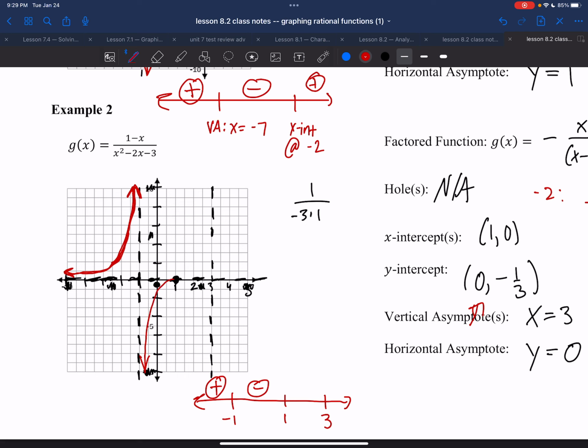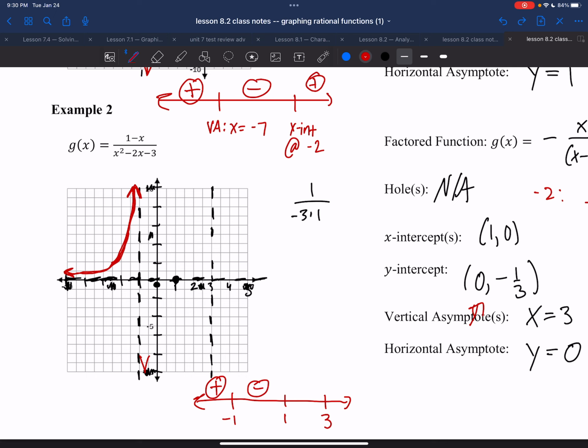But the question is, does it come up and then keep going up, or does it travel back down? Because it could do either, and you're not really sure what it is unless you do this sign chart or unless you know your roots and double powers and all that stuff.